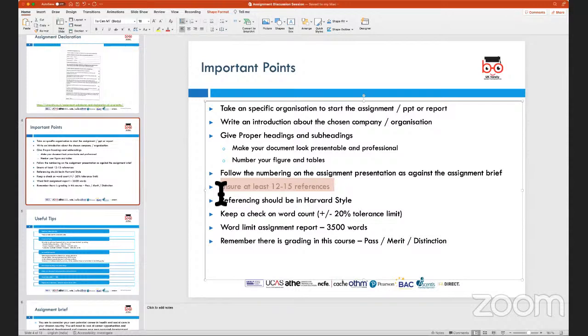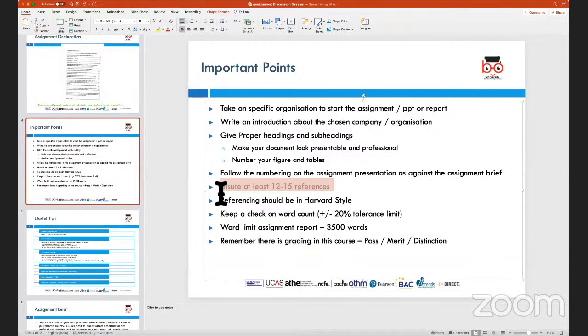Now, make sure you write your references using the Harvard referencing system, but try and at least get into the habit of referencing your work, whether it's from websites, articles, journals, even UK Versity presentation slides. The idea is to give credit to the author, publisher, the people who have actually created that text.